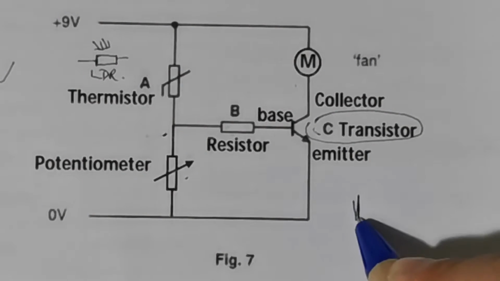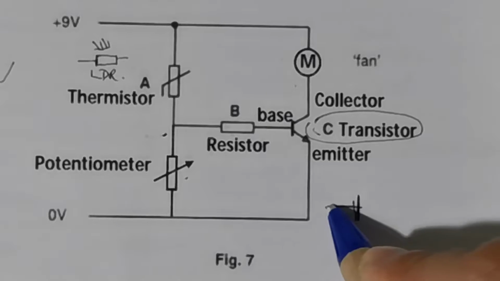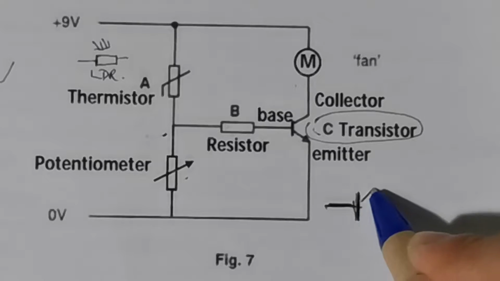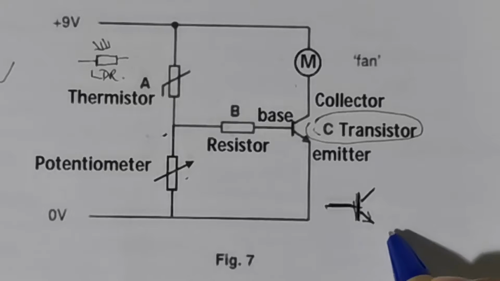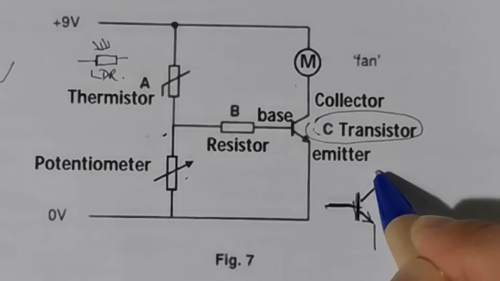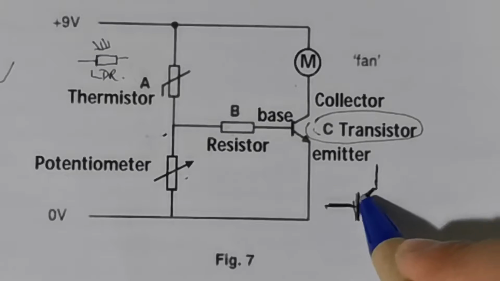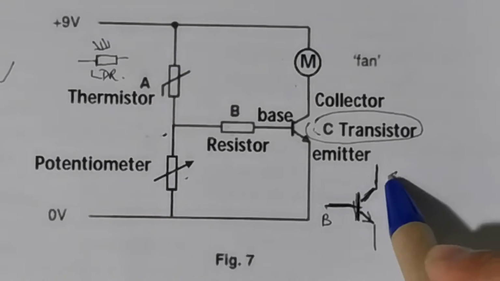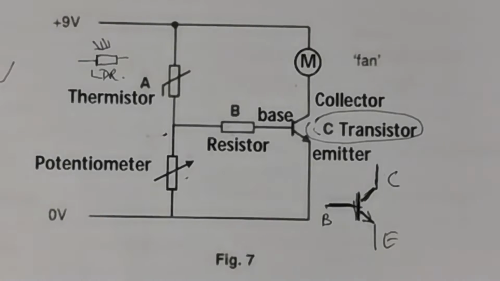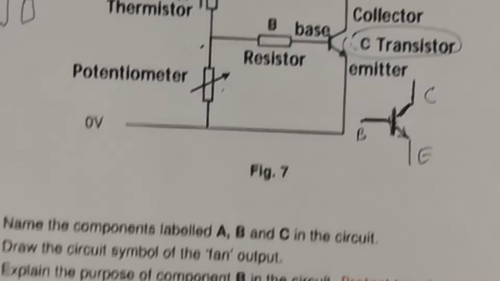Draw a vertical line. Draw the base, which is a horizontal line. Then you draw 2 lines slanting. Then you draw the arrow from the emitter. Draw the vertical line again for the collector. So this is the base, this is the collector, and this is the emitter.